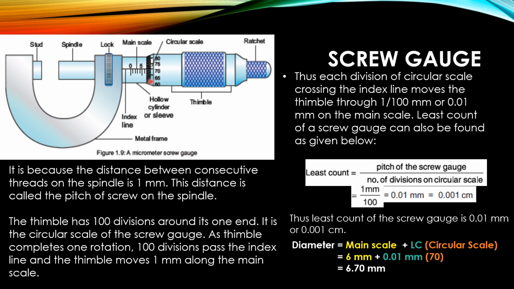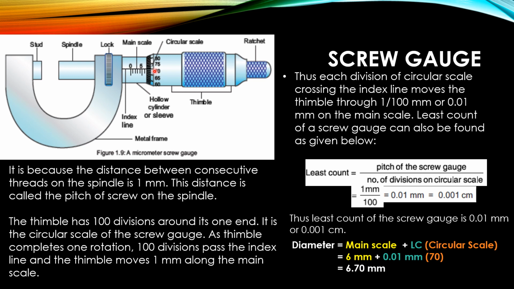For that, we will place the object between the stud and spindle, rotate the circular scale until the click sound is given by the ratchet, then see the edge of the circular scale. Where is it on the main scale? Right now I can see the 6th division on the main scale, so I will say that the main scale division is 6 millimeters.